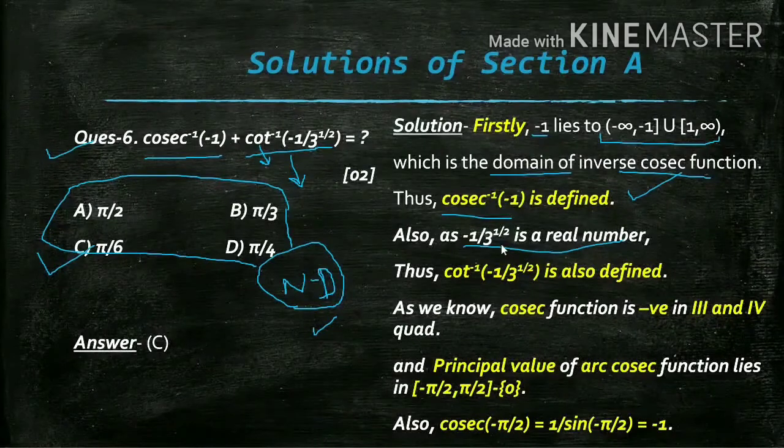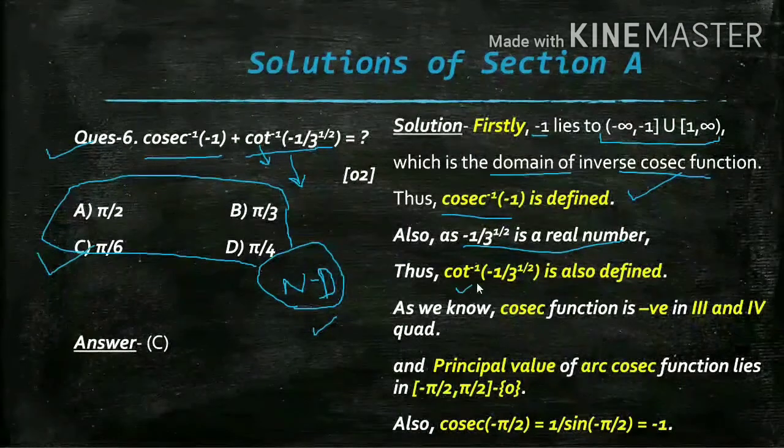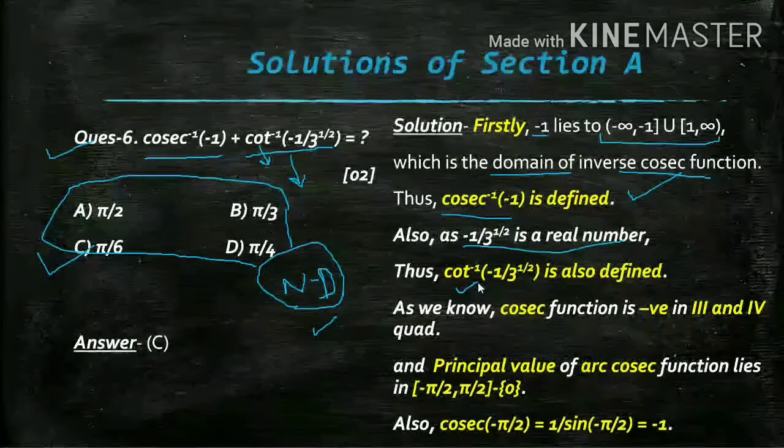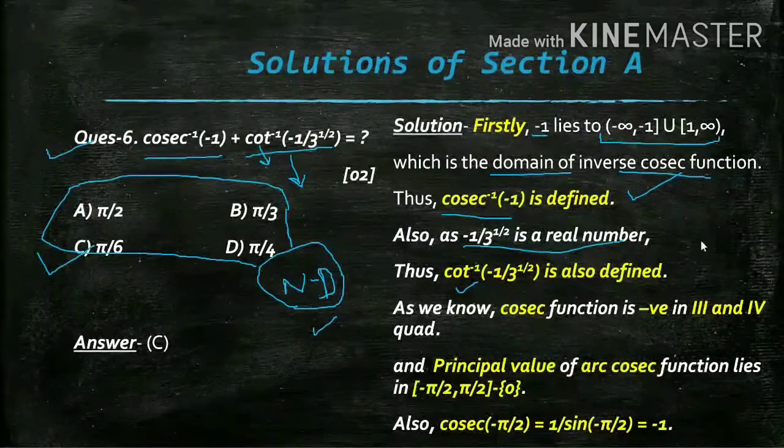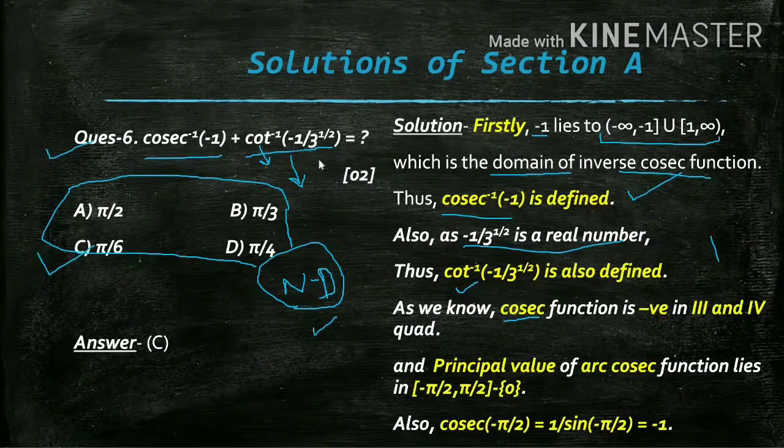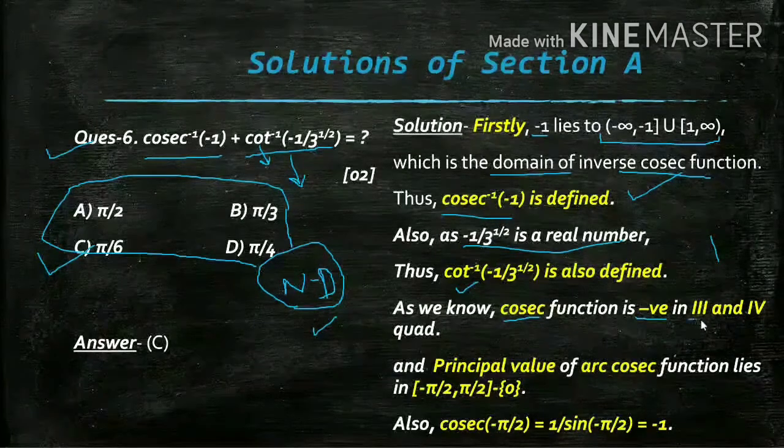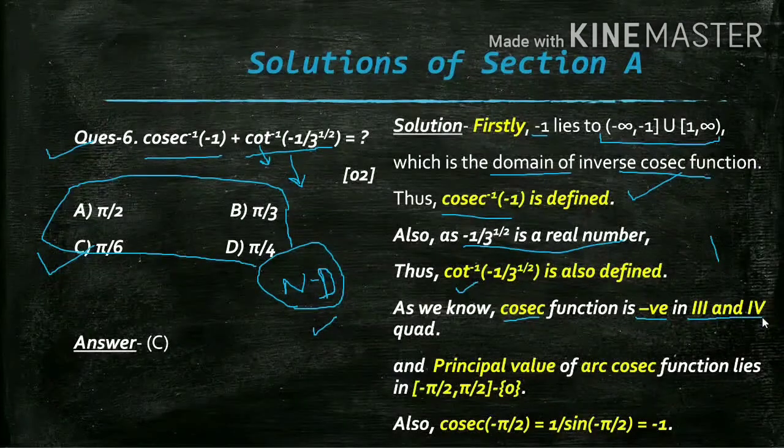So it is also defined. So we are done with the first step. Now second step. Look at the cosec function. It has this value negative 1. So when would cosec be negative? Here it is written: in the third and the fourth quadrant. So this is basically the second step.